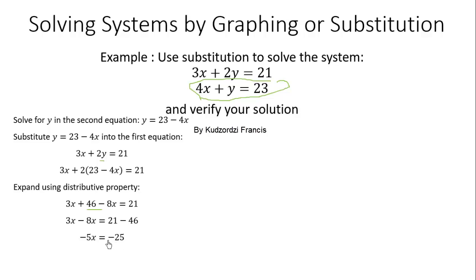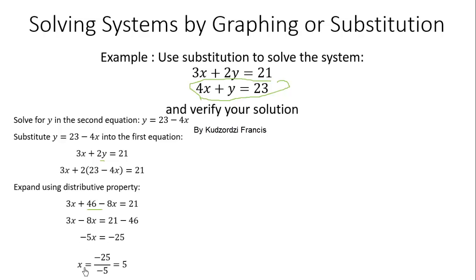The next thing we do is to divide both sides by negative 5 to get x is equal to 5. Now we need to calculate for y.